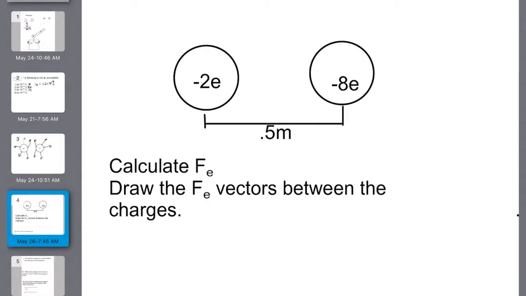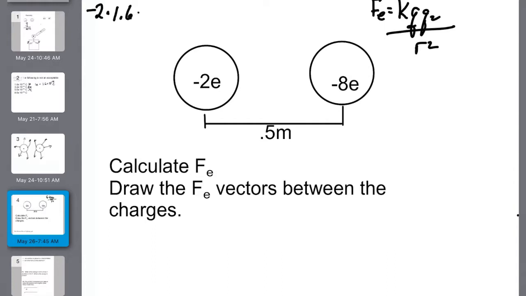My next problem I'm going to try is if I have 2 charged particles. I have a -2 and a -8 elementary charges. I want to know the force between them. Well, my equation is going to be Fe equals K Q1 Q2 all over R squared. My first thing I have to do is change my elementary charges to coulombs. So to do that, I'm going to multiply them both by 1.6 times 10 to the negative 19th.